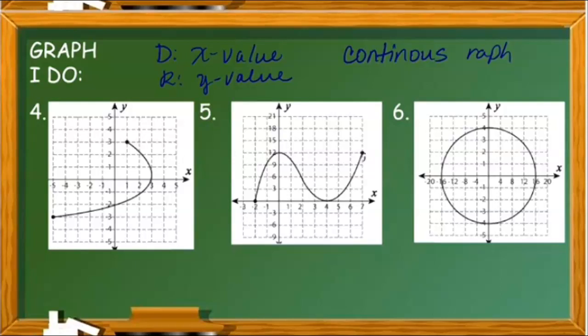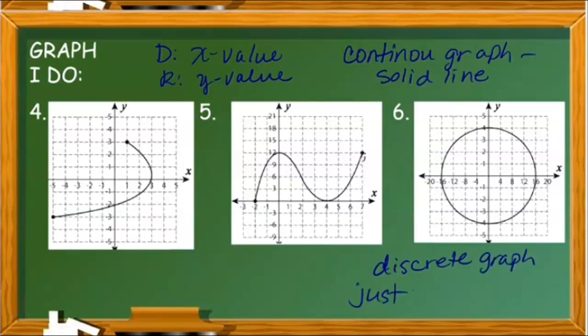But basically, when you're looking at it, a continuous graph is a solid line. Okay? Then we're going to have what's called a discrete graph, which is going to be just points. Okay? It's not connected.